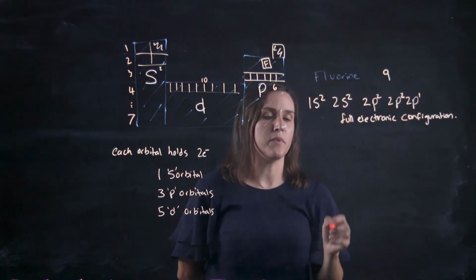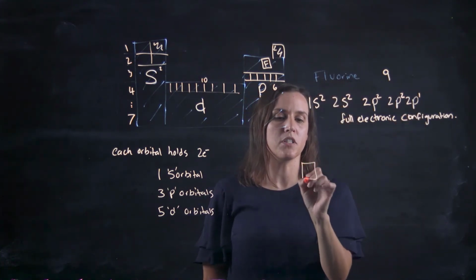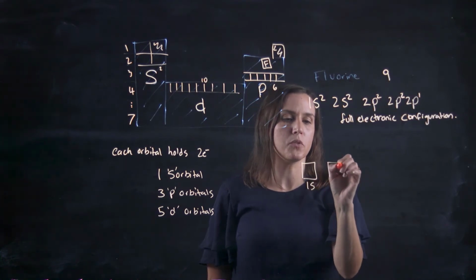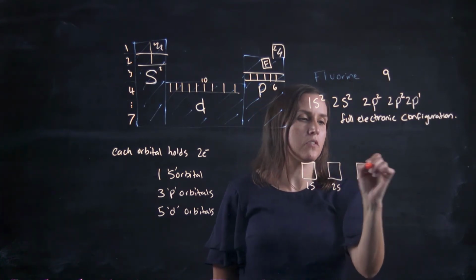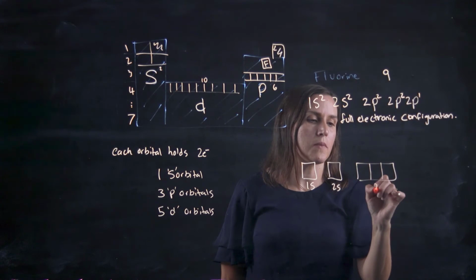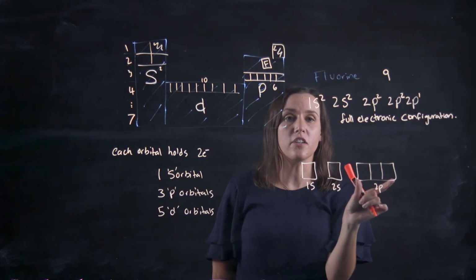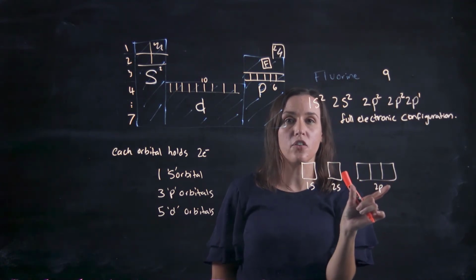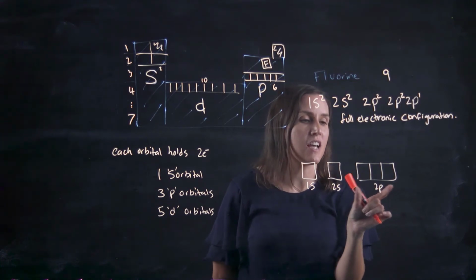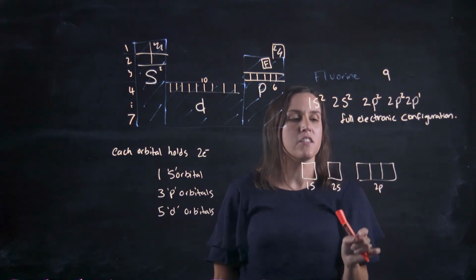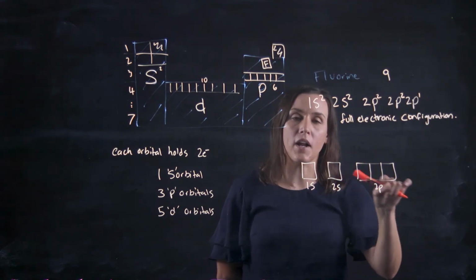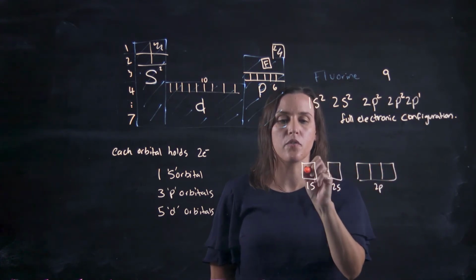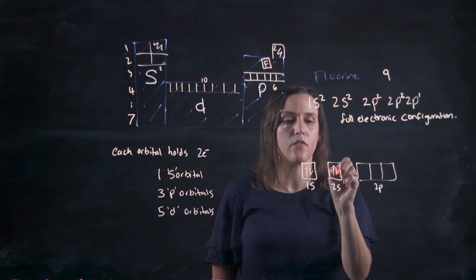I like the diagram better. So with the diagram, you put your little box, you write that's my 1s orbital, this is my 2s orbital, this is my 2p. These are degenerate, they've all got the same energy. There's no favorite orbital out of those 3. So when you're filling it up, you put 1 in each and then you double back. So we've got 1, 2, 3, 4.